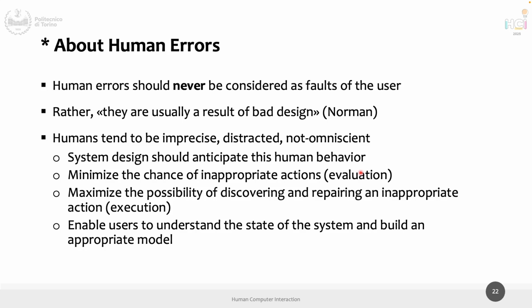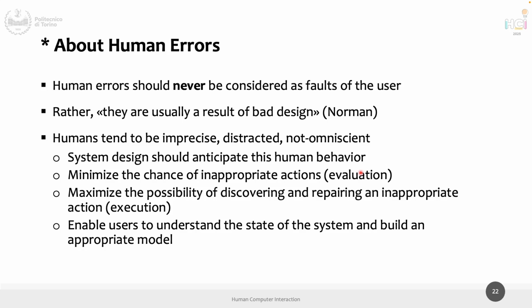As I was saying before, errors should never be considered fault of the user, but they are typically a result of bad design, as in the case of the door before. Because people, at the end of the day, are messy, and you cannot do anything about this, really.